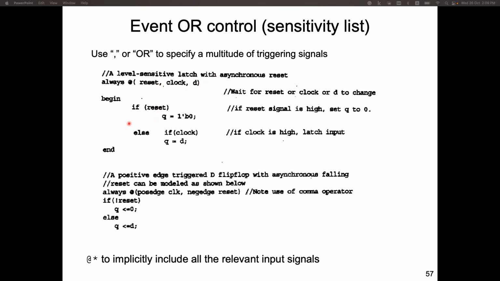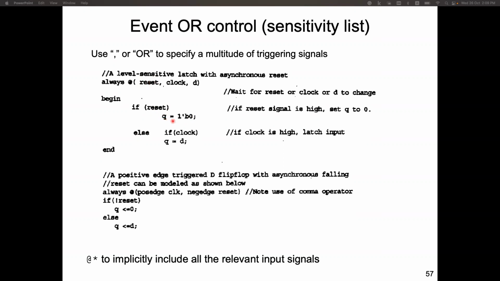Let's take a look at this block. It's a latch with reset. So if reset is true at the event, then Q is reset to 0, because reset is included in the sensitivity list as one of the triggering events.